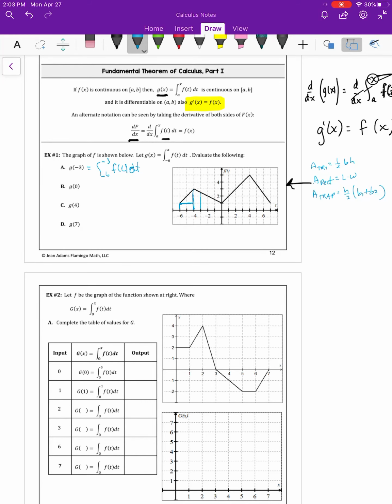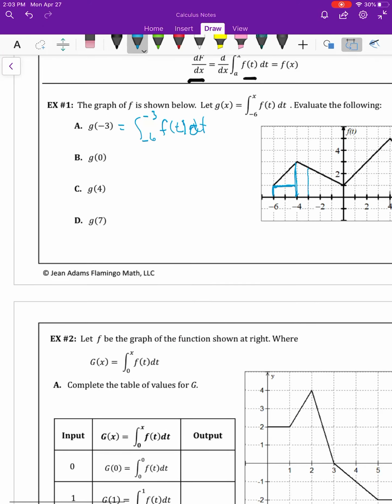So for letter A here, we have 1/2 base of 2, height of 2. That's going to cover that area. We have a 1/2 rectangle. That's going to cover that area.